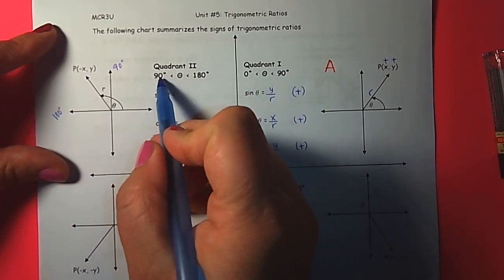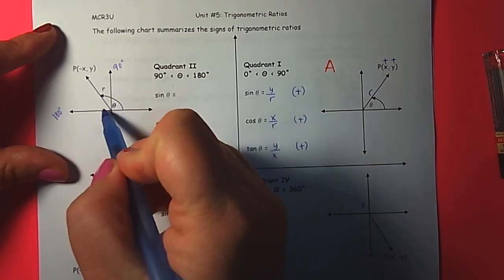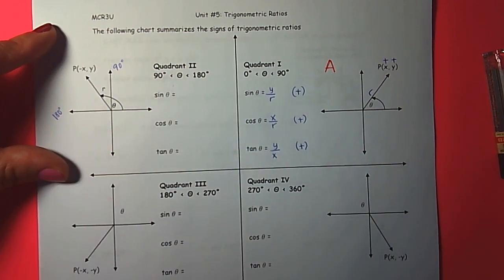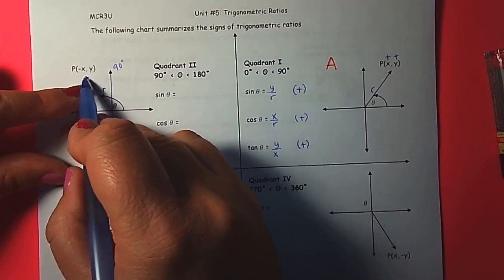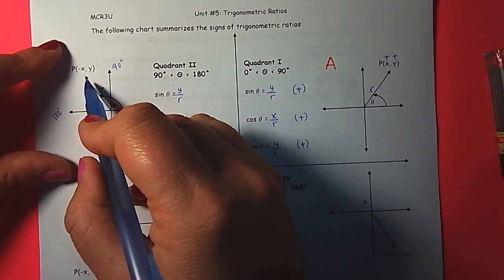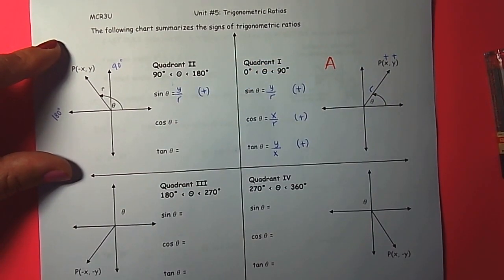So if you have an angle between 90 and 180, you know that the terminal arm is going to be located in the second quadrant. So sine theta is y coordinate over r. So y over r. So y is positive in the second quadrant. R is always positive. So we end up with a positive value here.